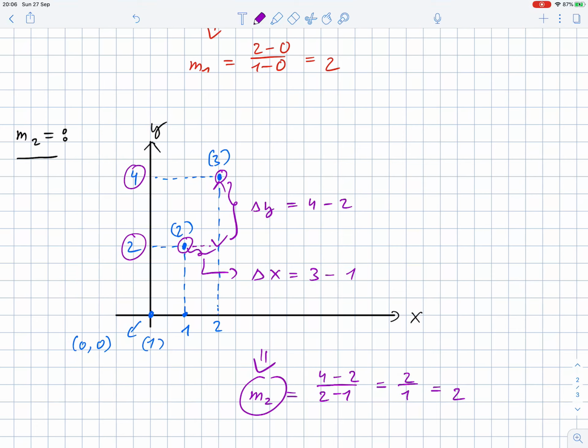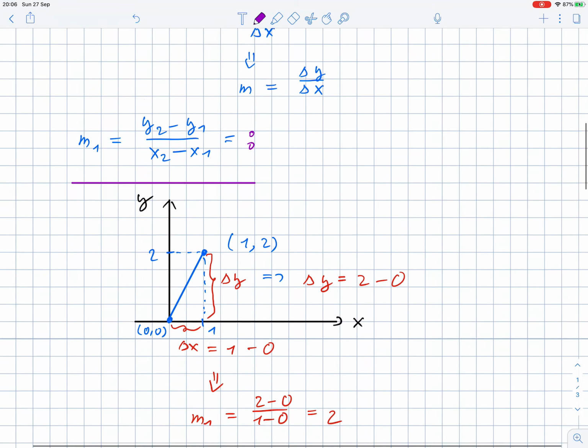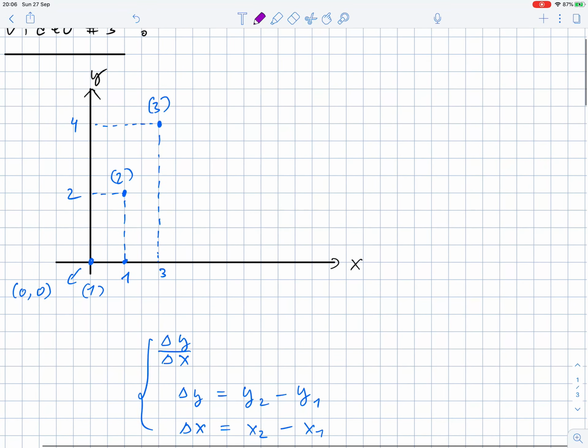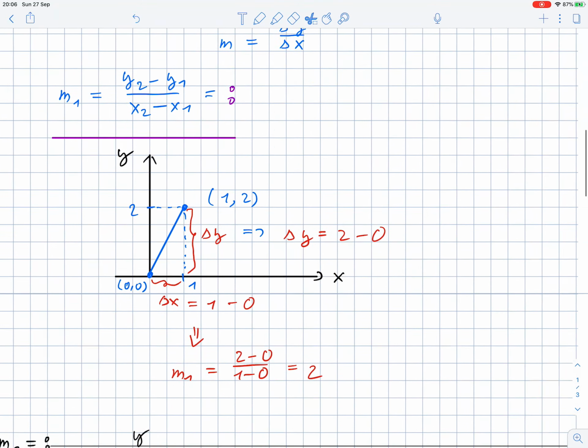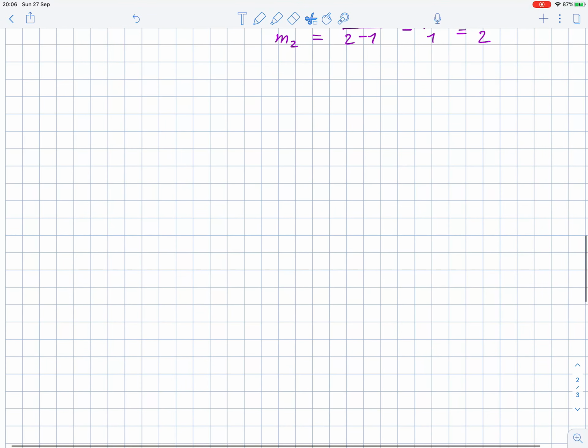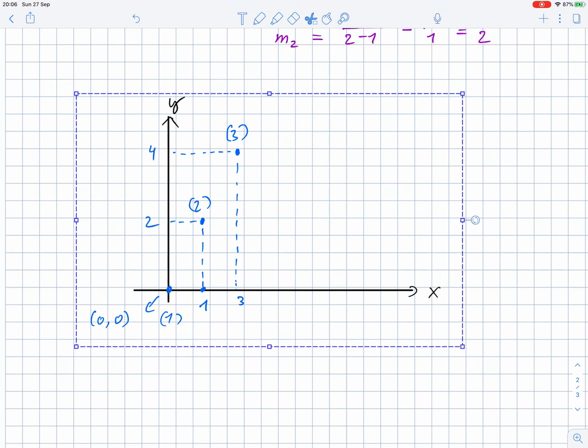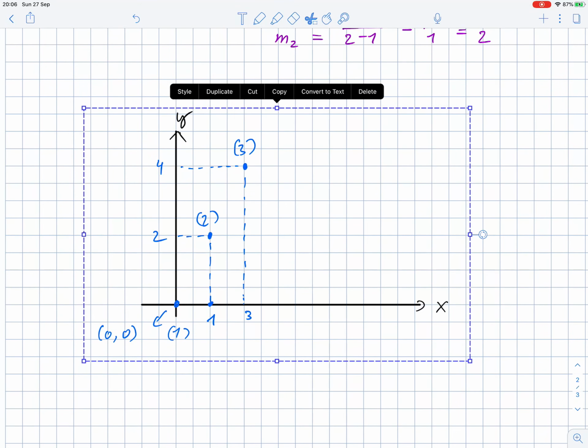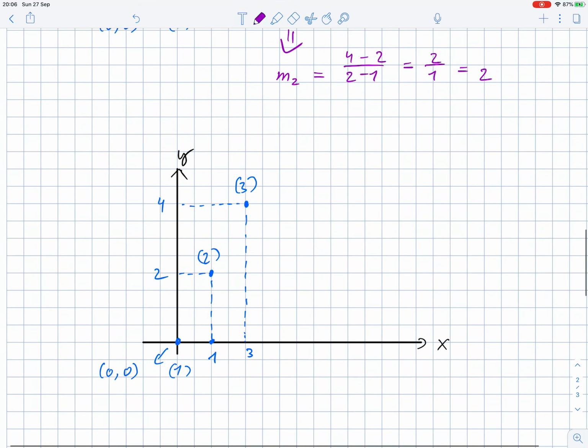And for the last ratio I want to take this point and this point, or coordinates. Again, let's copy the picture, the graph of this example, and we want to calculate the third ratio, m3.